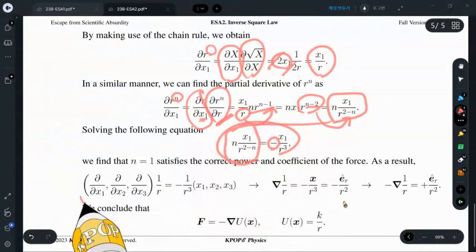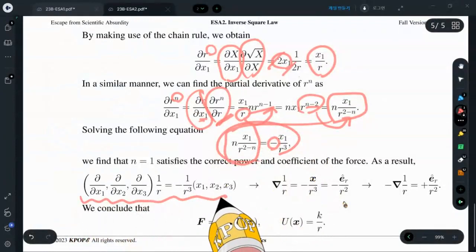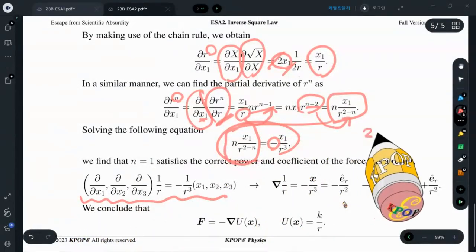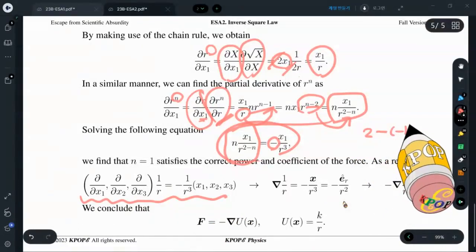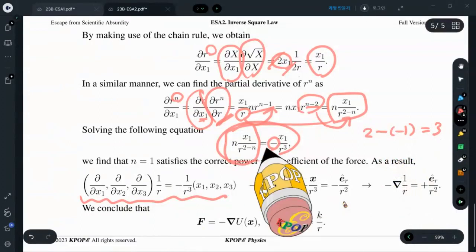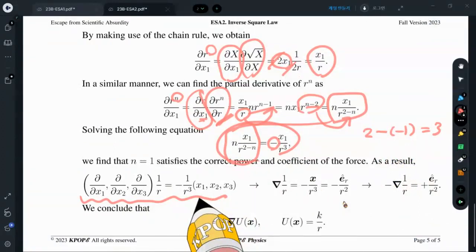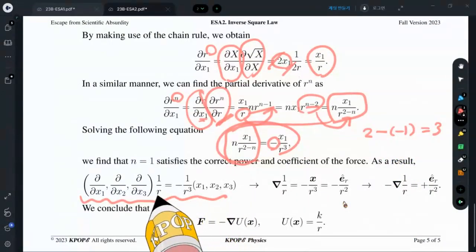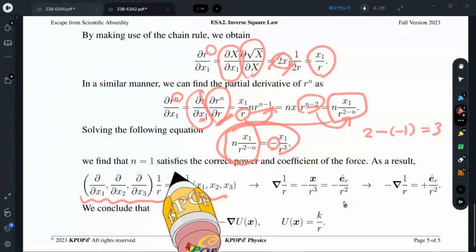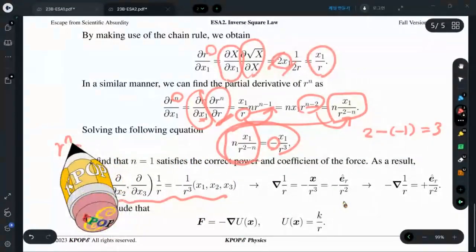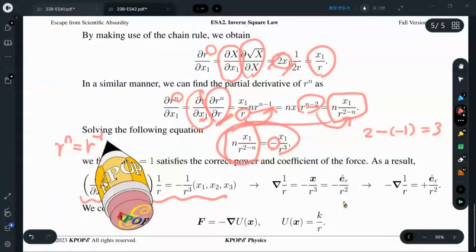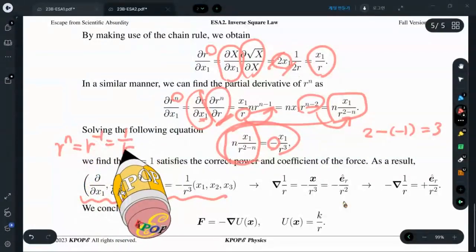Using this result, I can simply write that because 2 minus n with n equals minus 1 gives 3, using this one, r to the n, when n equals minus 1, that is 1 over r.